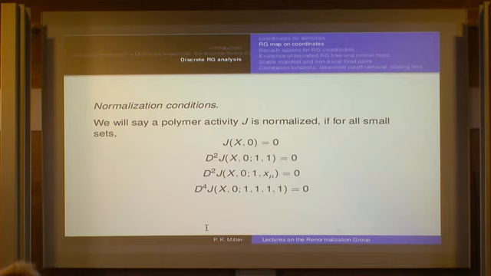You'll say that a polymer activity J is normalized if for all small sets, and I haven't defined that, have I? Yes, X, maybe right, the number of sets, connected polymers of size less than 2 to the power of D. Maybe we should write that on the blackboard, because that's an important definition for this whole thing.